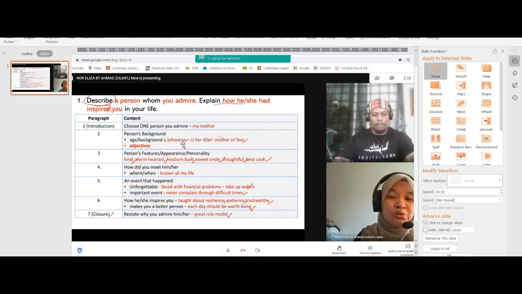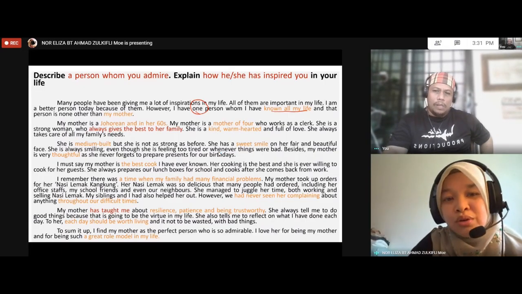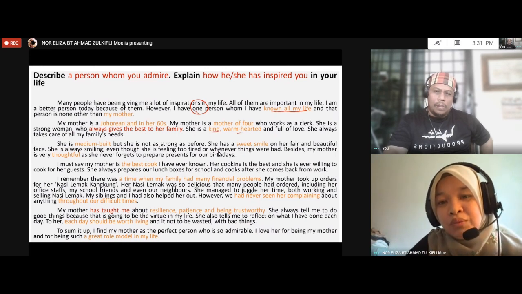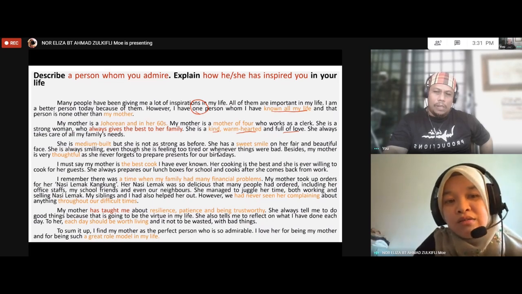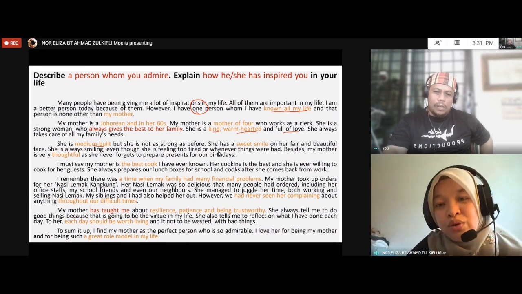My mother is a Johorian and in her 60s. My mother is a mother of 4 who works as a clerk. She is a strong woman who always gives the best to her family. She's kind, warm-hearted, and full of love. She always takes care of all my family's needs. She's medium built, but she's not as strong as before.